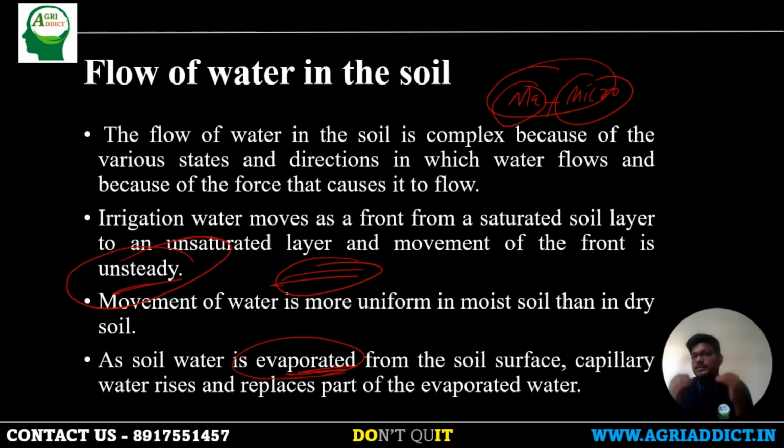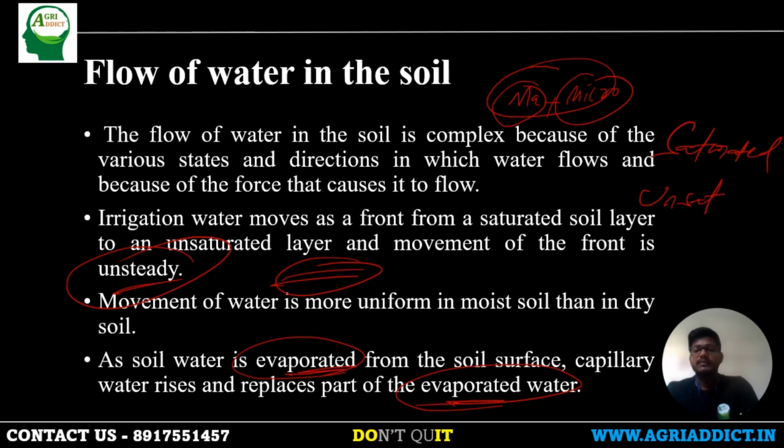Some amount of water is present in the groundwater, and it gradually rises due to capillary rise and replaces part of the evaporated water. So there are three movements of water in the soil: saturated movement, unsaturated movement, and vapor movement.